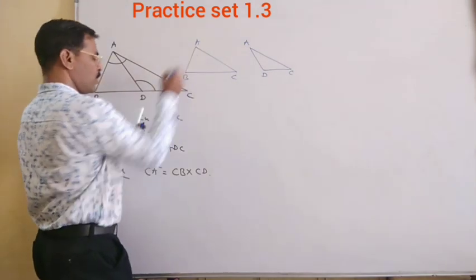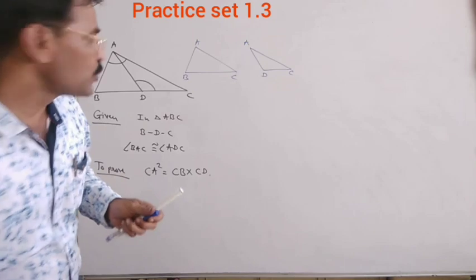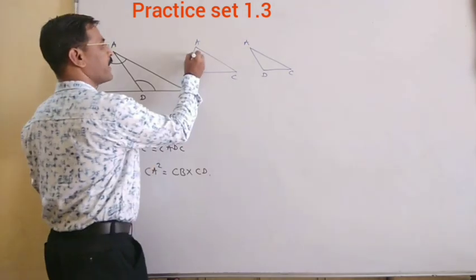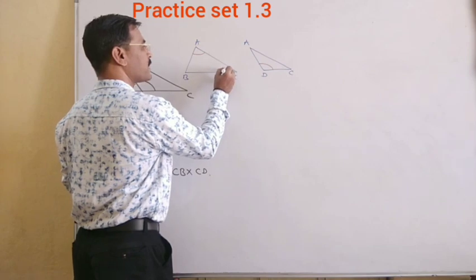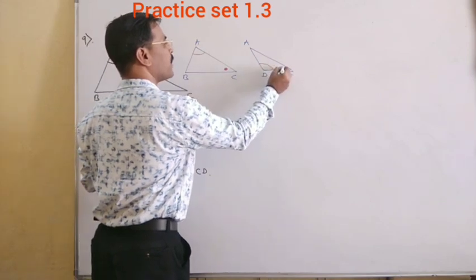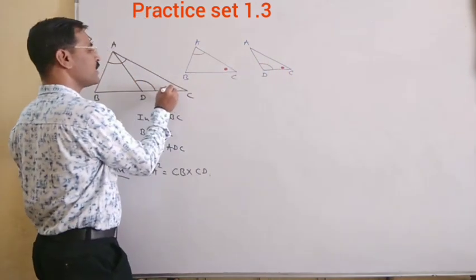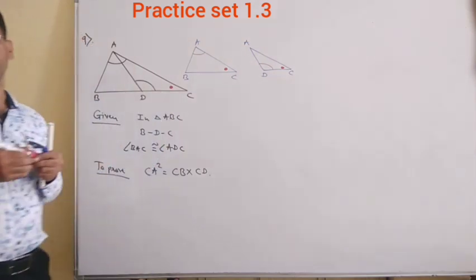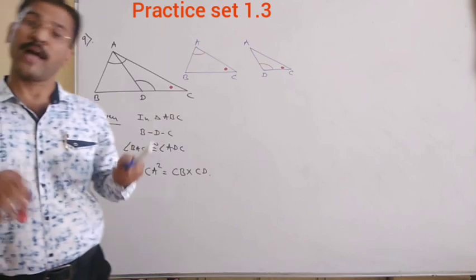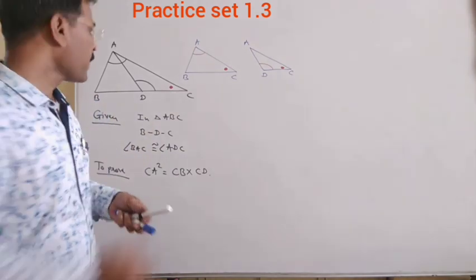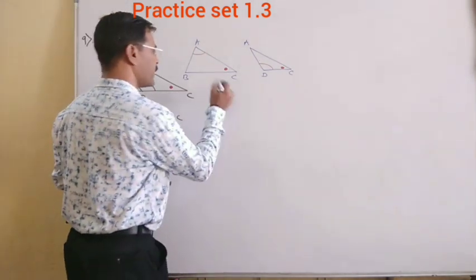In this one, two angles are given as congruent, this one with this one. And remember, this angle is common in both the triangles. Again, this is very easy to prove the two triangles are similar, again by AA test.